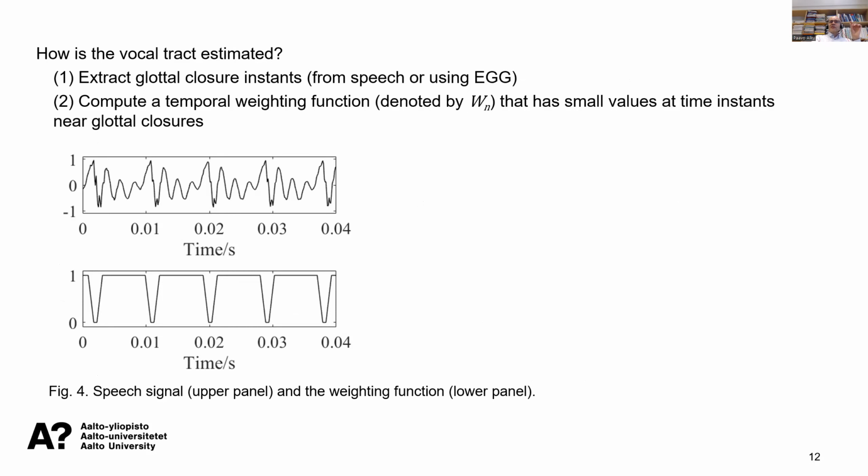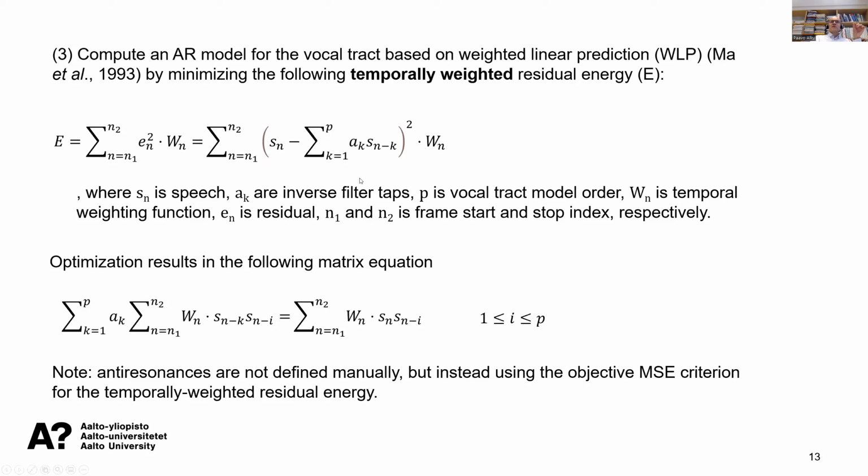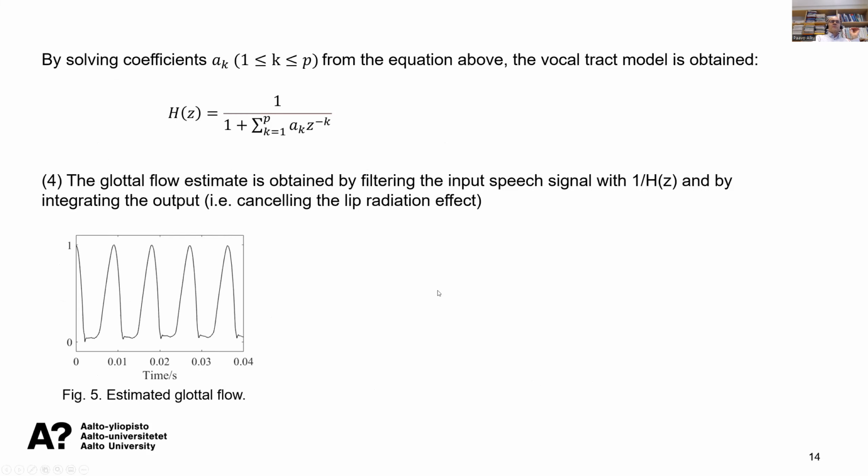So we are not multiplying these two waveforms, but we are using this weighting function to weight the error in such a manner that it takes into account better the response of the tract rather than the energy coming from the source. We are modeling the tract, we want to get rid of the source. This mathematics can be very easily optimized, and we end up having this kind of optimization result. Then we obtain a digital filter which models the vocal tract, and we can cancel the effect of that from the speech signal. This is one result which I obtained from my speech signal.